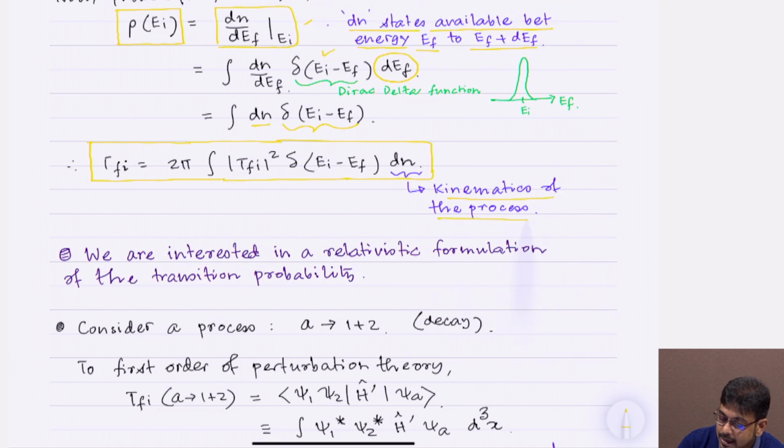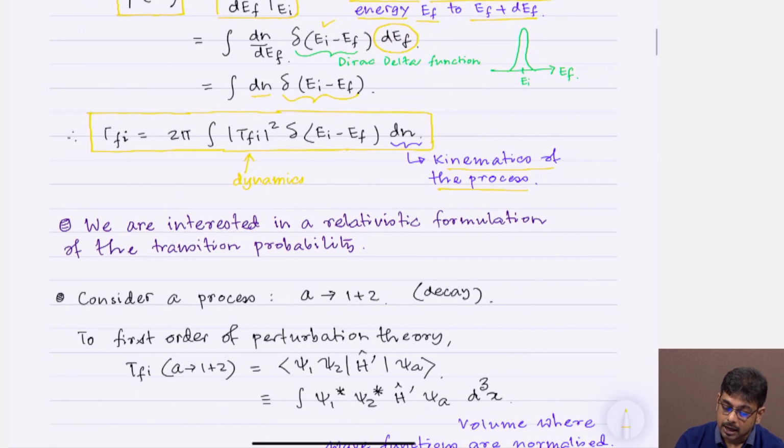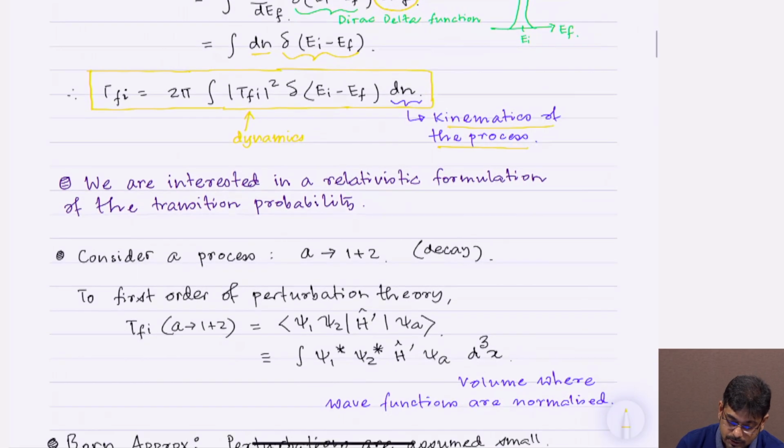So, you can basically say that this has two parts in it. The part |T_FI|^2 defines the dynamics of the process, like what kind of interactions, the part having the Hamiltonian, whereas the dN, which is the phase space part associated with it, actually governs the kinematics of the process.